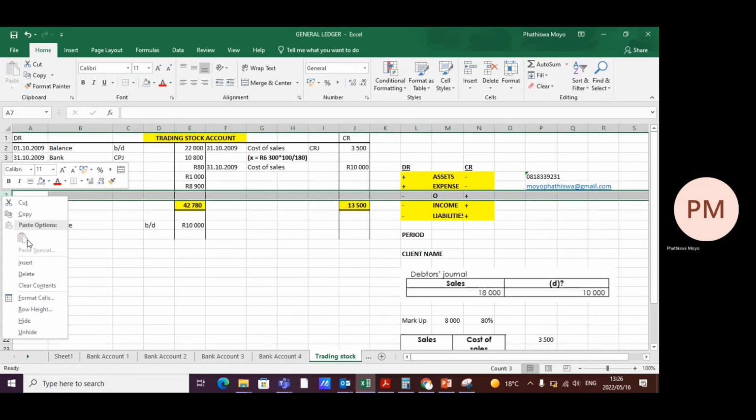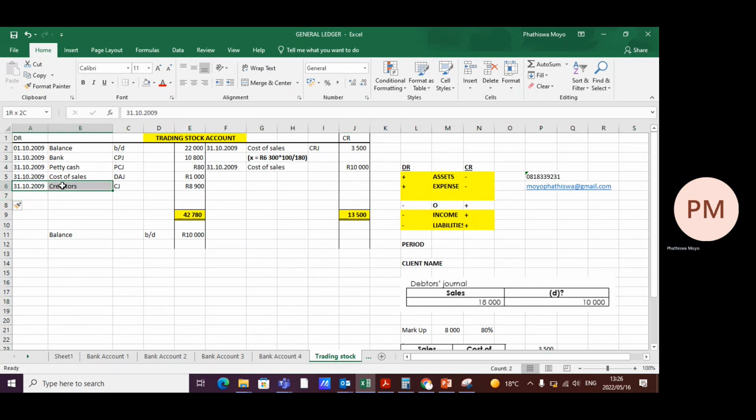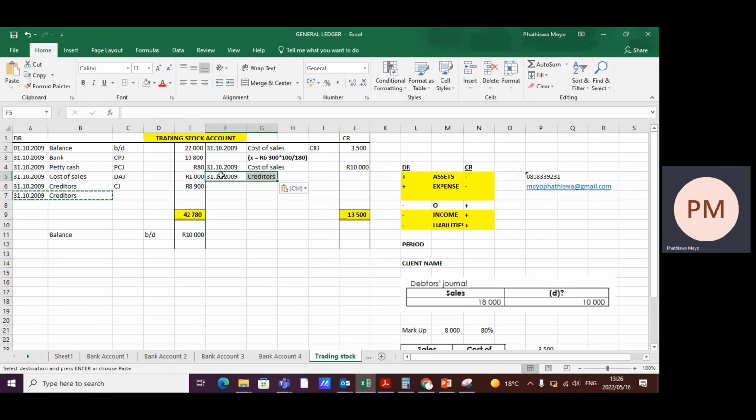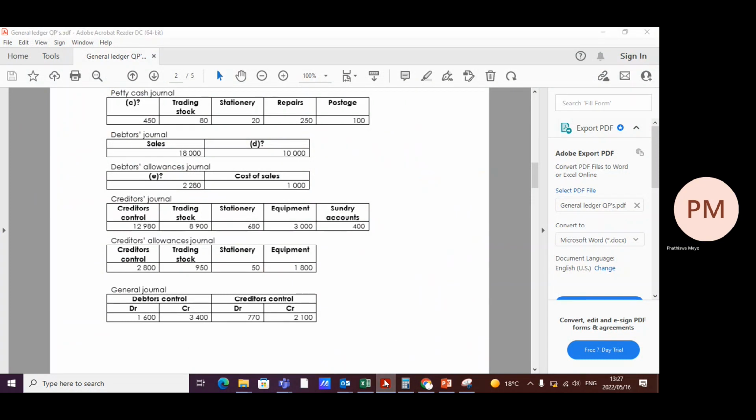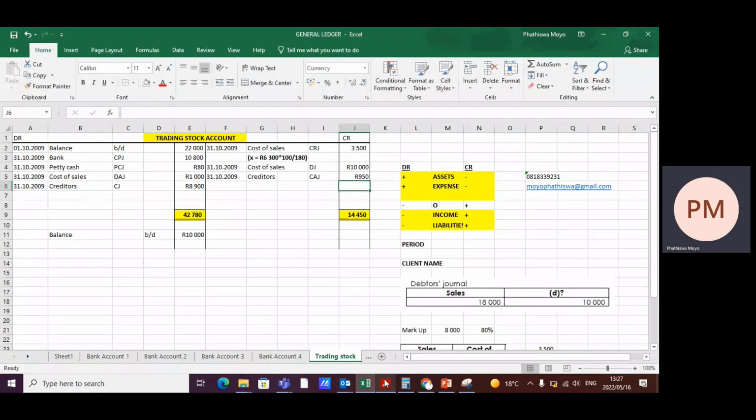Then insert creditors allowances. So this is us not happy with the stock that was delivered to us by the supplier. So we returned it. DJ for this journal. So we returned it at 950. Okay.